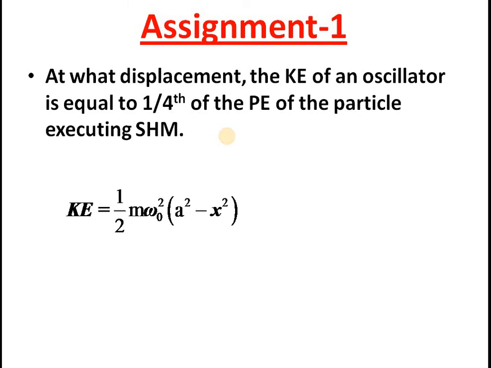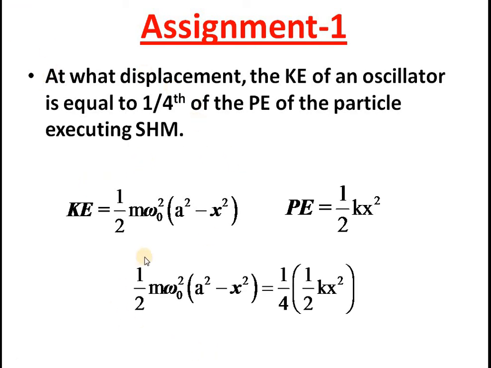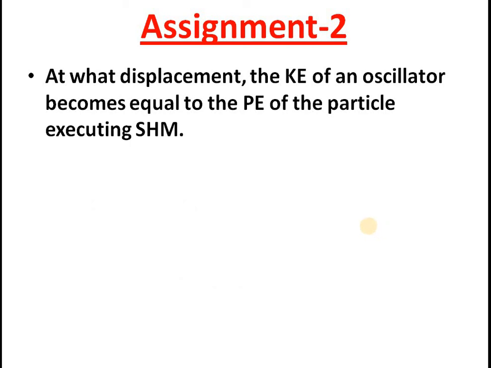A very simple question, because you have the expression for kinetic energy and you have the expression for potential energy. Here the question demands that this condition has to be satisfied. Okay, kinetic energy becomes 1/4 of the potential energy. You can solve this equation and you get the value of x. Okay, you try to do this problem properly and submit it in the Google Classroom.